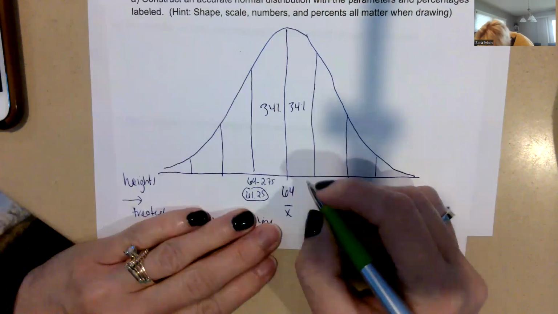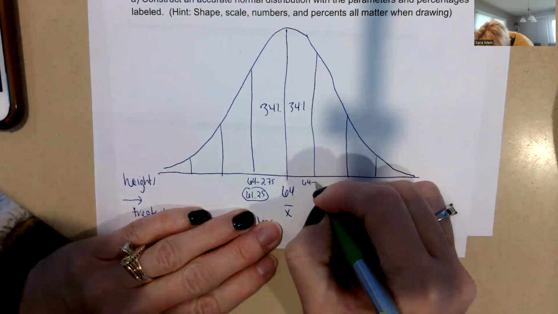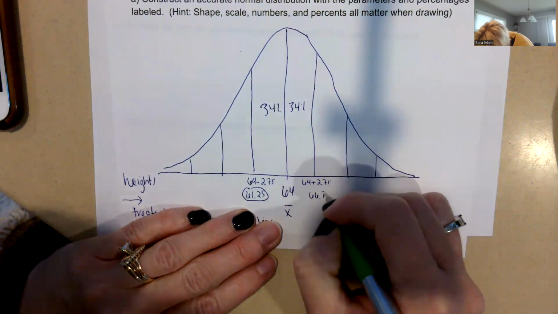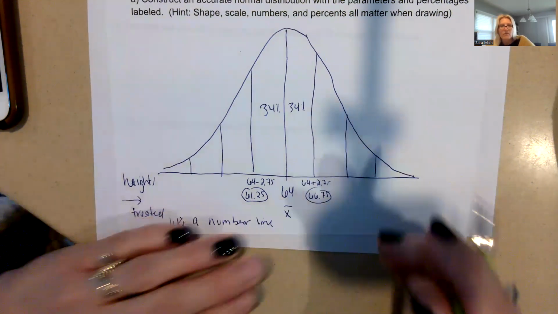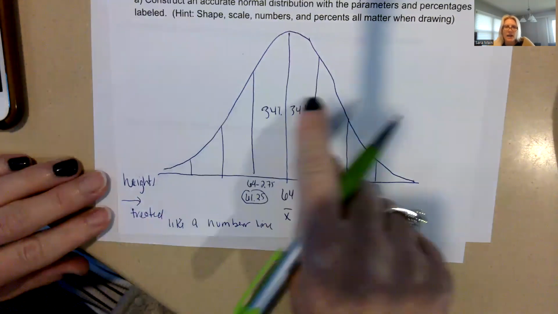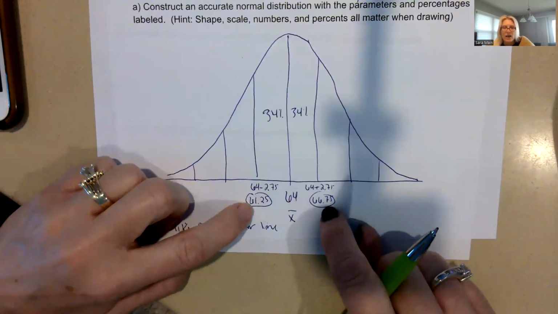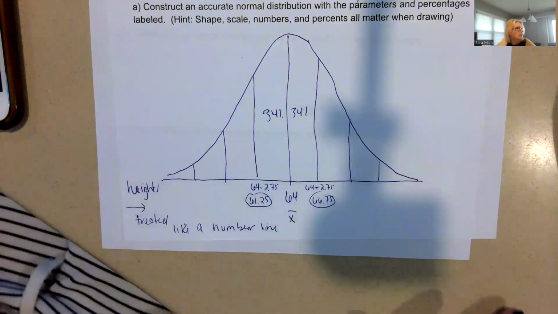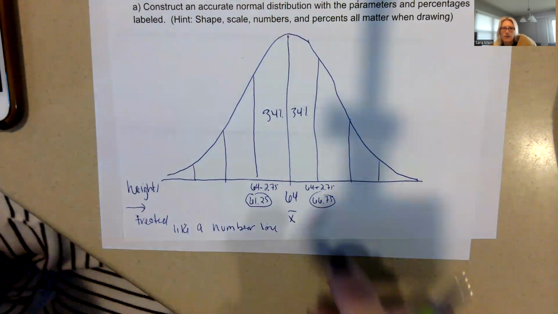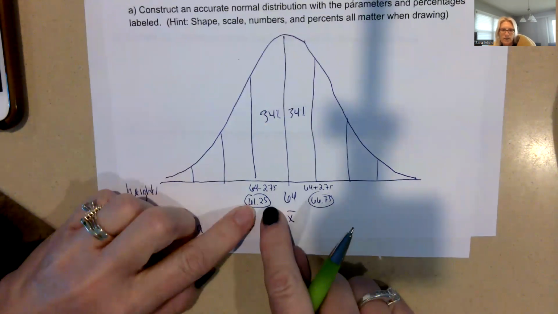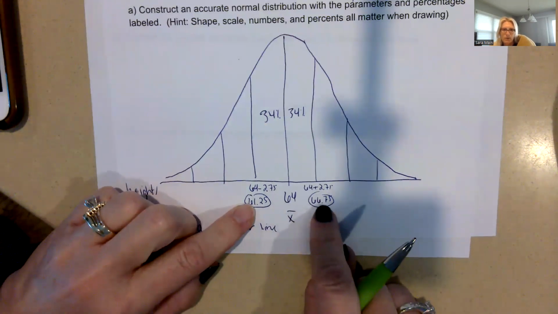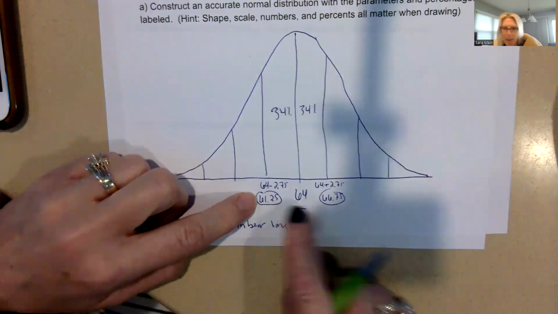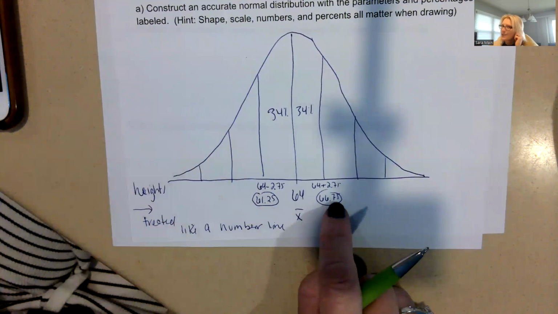And if we add 64 plus 2.75, we will get 66.75. So 68% of our data should have women. If we look at those women that were actually in the sample, 68% of them had heights between 61.25 inches and 66.75 inches.